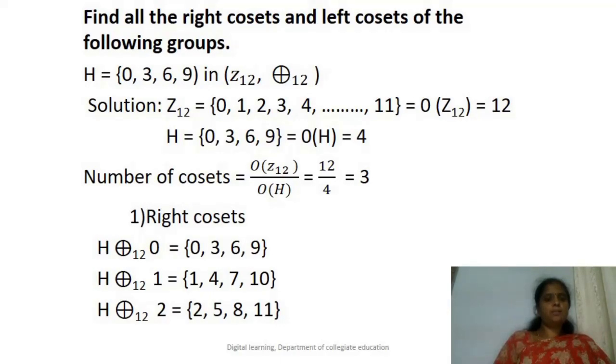Similarly, H plus 1, where H values are 0, 3, 6 and 9: 0 plus 1 becomes 1, 3 plus 1 becomes 4, 6 plus 1 becomes 7 and 9 plus 1 becomes 10. So all these values are under the 12 only. Then again H values are 0, 3, 6, 9. So 0 plus 2 is 2, 3 plus 2 is 5, 6 plus 2 is 8, then 9 plus 2 becomes 11. All these values are again under the 12 only.